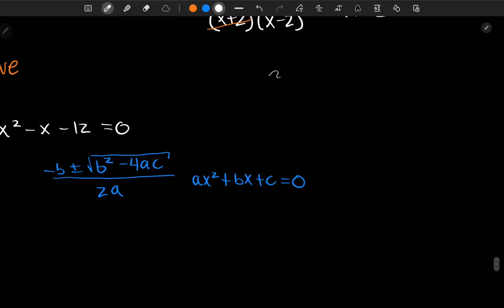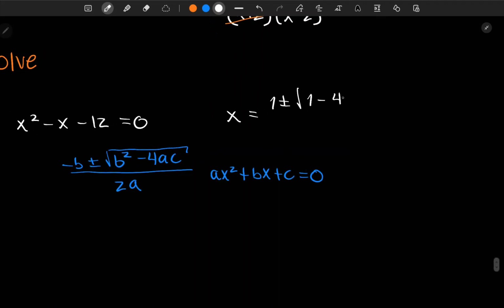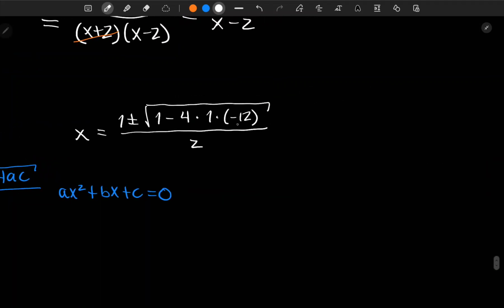So for our case, the solutions x are equal to, well, negative b here would be 1, plus or minus the square root of negative 1 squared, so 1, minus 4 times 1, because a here is 1, times negative 12, all over 2, because again, a is equal to 1. These two minuses combine to become a positive.